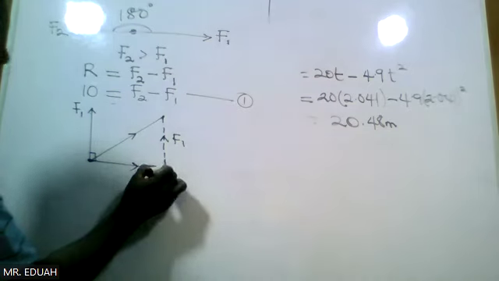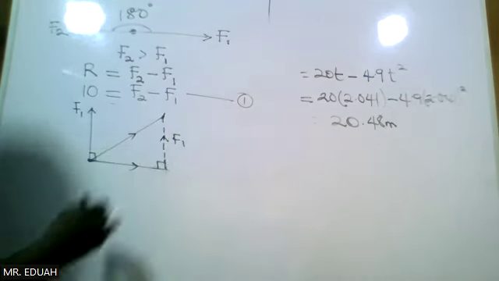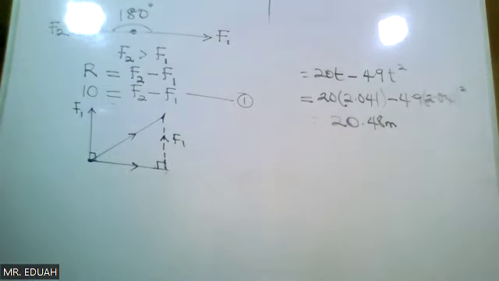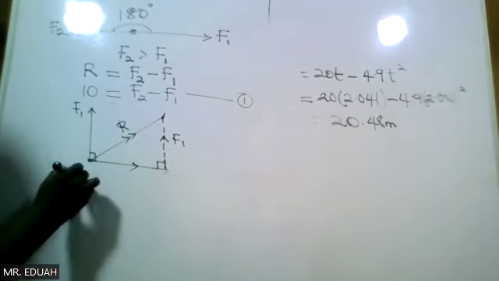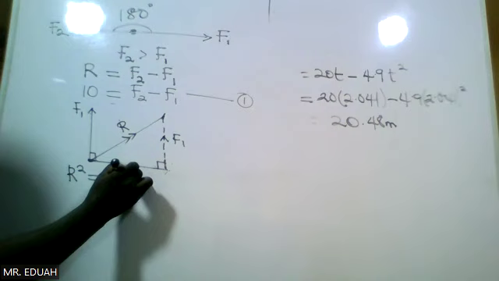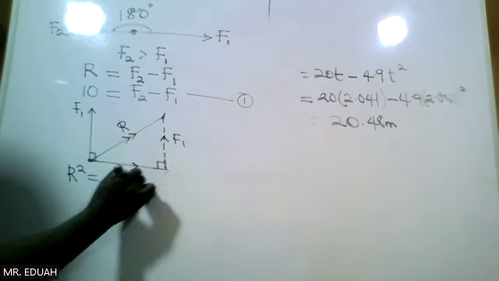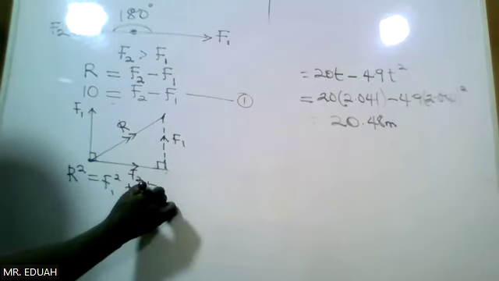A vector from here, a vector from here, then the resultant will be here. And so I can apply the Pythagoras theorem. So I can say that the square of the resultant, R squared, would be equal to F1 squared plus F2 squared.